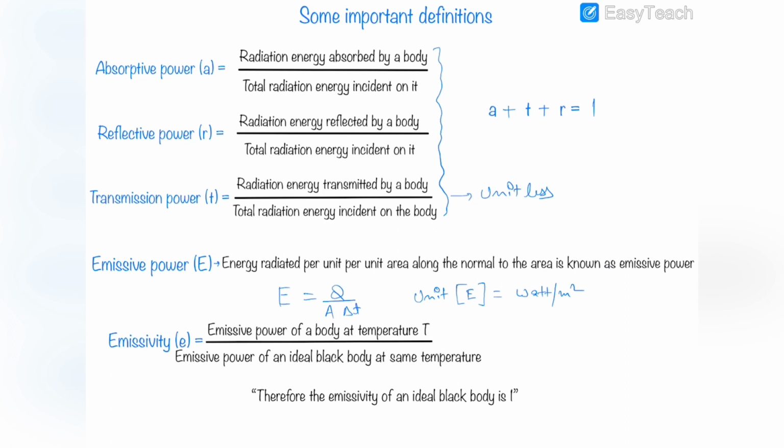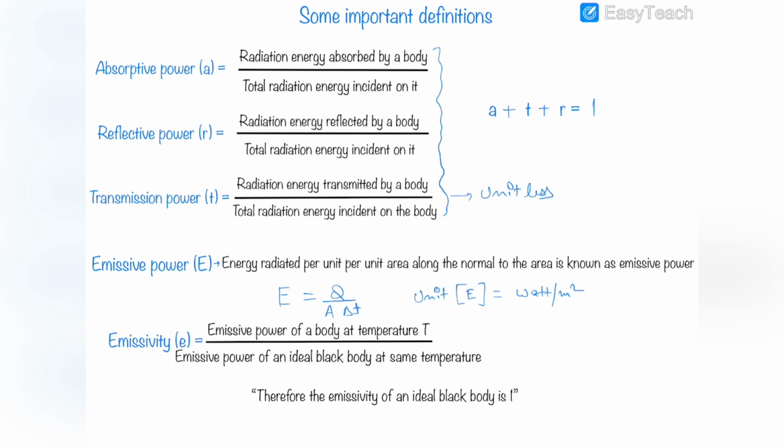So emissive power is numerically equal to intensity, and emissivity is something else. Emissivity is a dimensionless, unitless constant e, which is the ratio of the emissive power of any body at temperature T to the emissive power of an ideal black body at the same temperature.